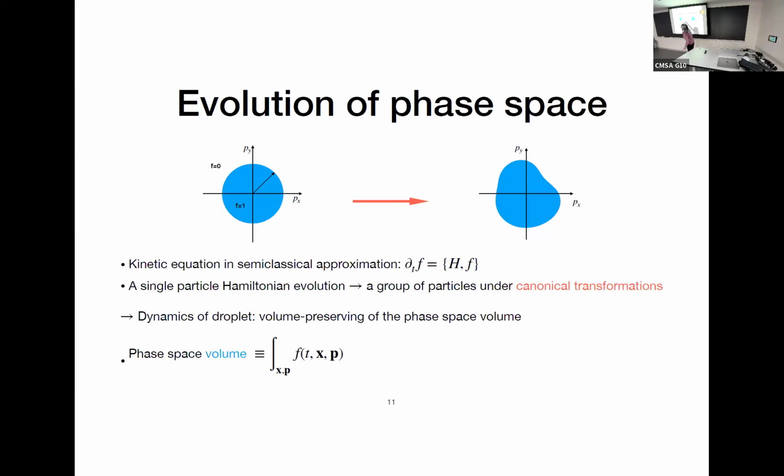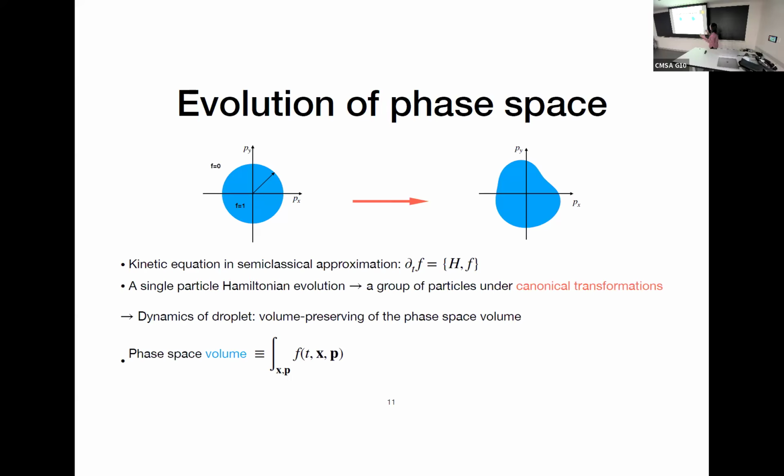For example, in the initial condition, you can choose some spherical and translation invariant simply connected configuration. Later on, under time evolution, this droplet system will start to change its shape. So this equation of motion is governed by this kinetic equation.